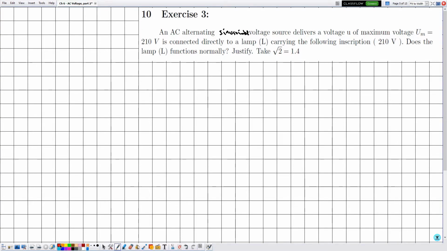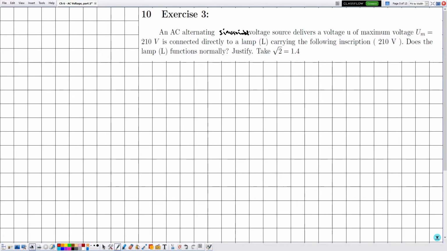Okay. An AC alternating sinusoidal voltage source delivers a voltage U of maximum voltage UM equal to 200 volts, connected directly to a lamp carrying the following inscription: 210 volts.